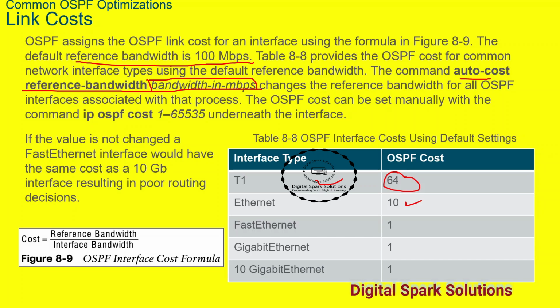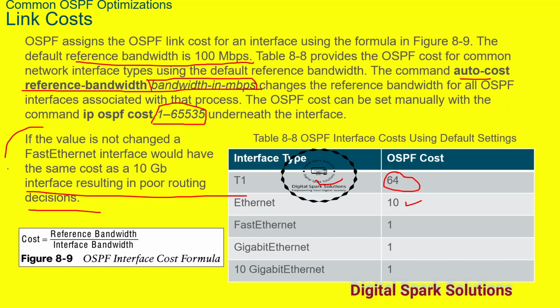The OSPF cost can be set manually with the command ip ospf cost, then we have this range. If the value is not changed, a Fast Ethernet interface would have the same cost as a 10 Gb interface, resulting in poor routing decisions.